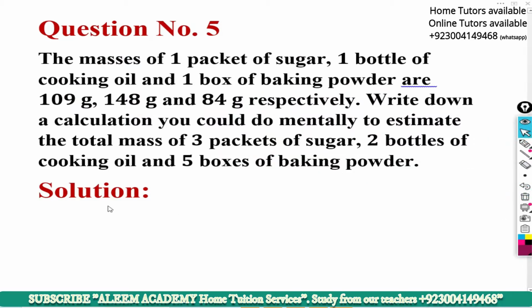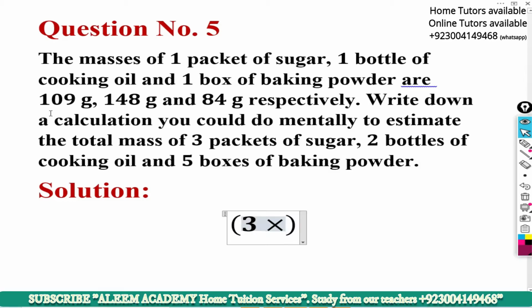Let's do it. We have to basically find the calculation that we can do mentally, and we have to estimate the total mass of 3 packets of sugar. See, 3 packets of sugar. 1 packet of sugar has 109 gram.